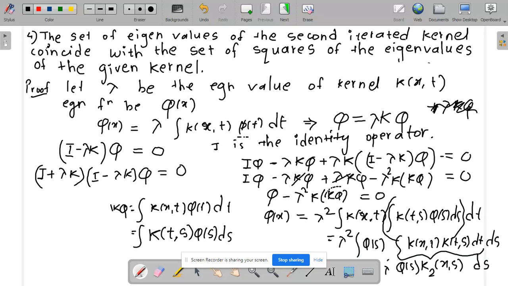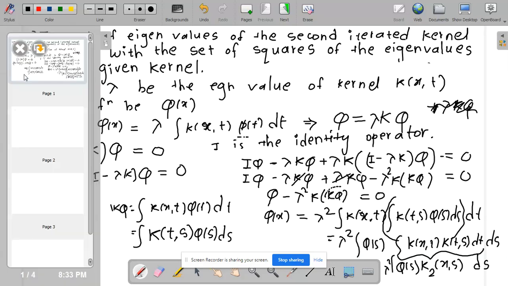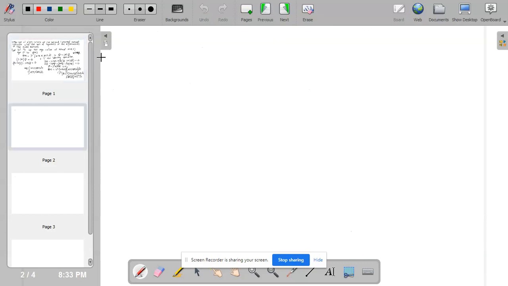And it is lambda square. So what we have got is the equation phi of x equal to the integral k2 x comma s phi of s ds, and outside it is lambda square.